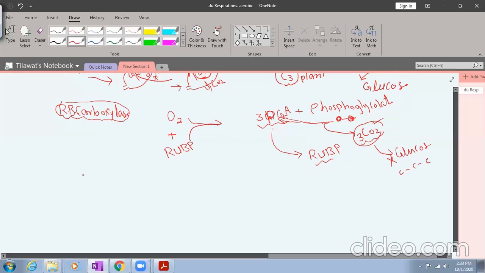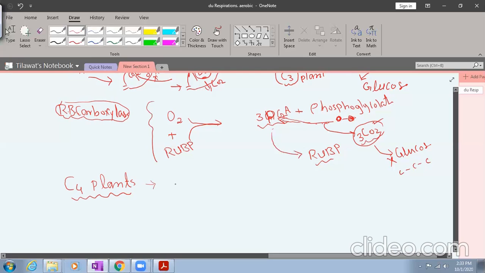In order to avoid this photorespiration, some plants evolved an adaptation, and those are called C4 plants. And what is that adaptation in these plants? The first adaptation is that these plants have a special enzyme.